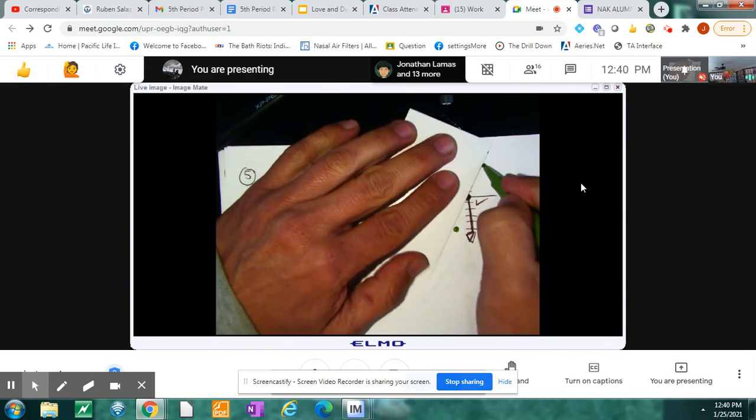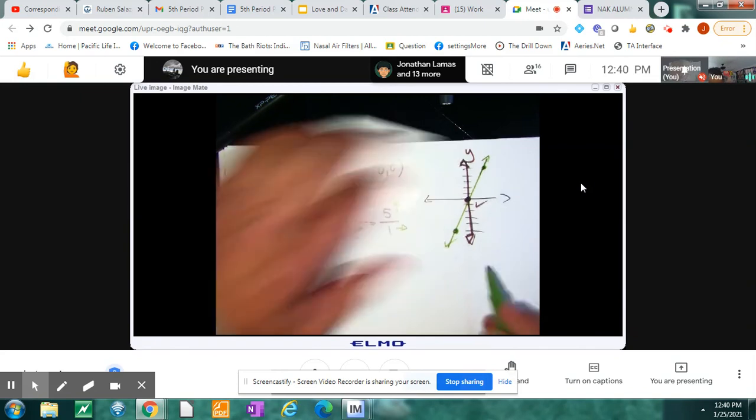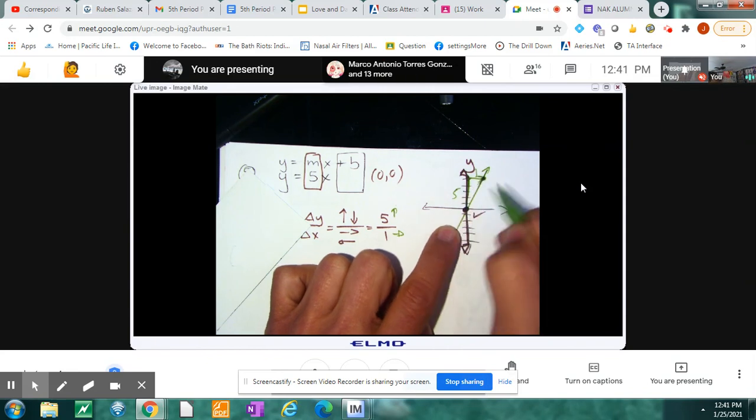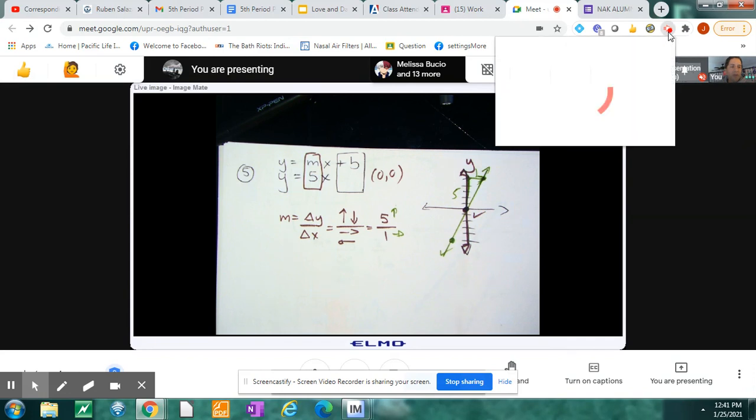So let's do 5 over 1 right here. Here's your 5. And then your 1. 5 over 1. And so you could graph it. Got it? All right. So those are the equations, and those are the graphs.